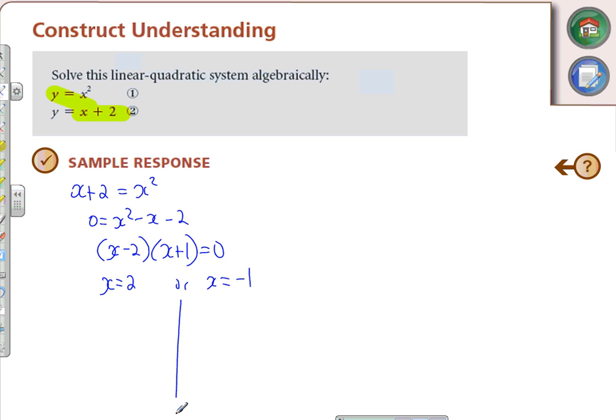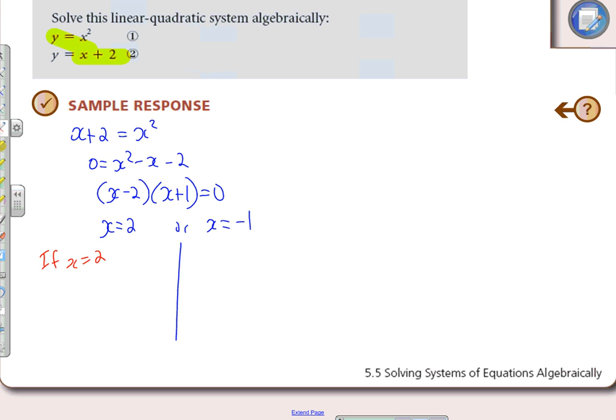So if x equals 2, then substitute it back into either one of the first equations, equation 1 or equation 2. Doesn't matter. Whichever one you find easier to work with. I'm just going to work with the linear. y equals 2 plus 2, which equals 4.